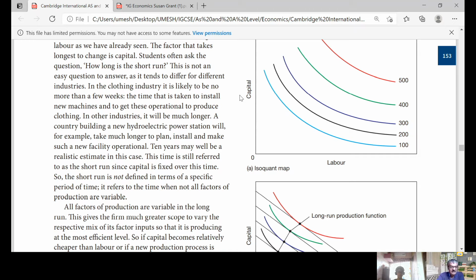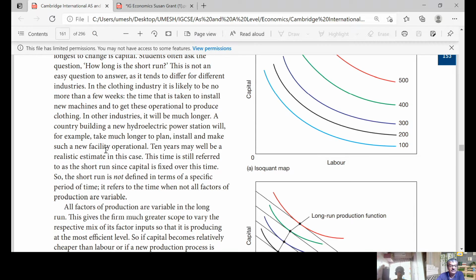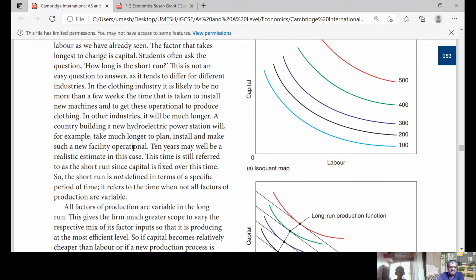A country building a new hydroelectric power station will, for example, take a much longer time to plan, install, and make such a new facility operational. Ten years may be a realistic estimate in this case. This time is still referred to as the short run, since capital is fixed over this time.